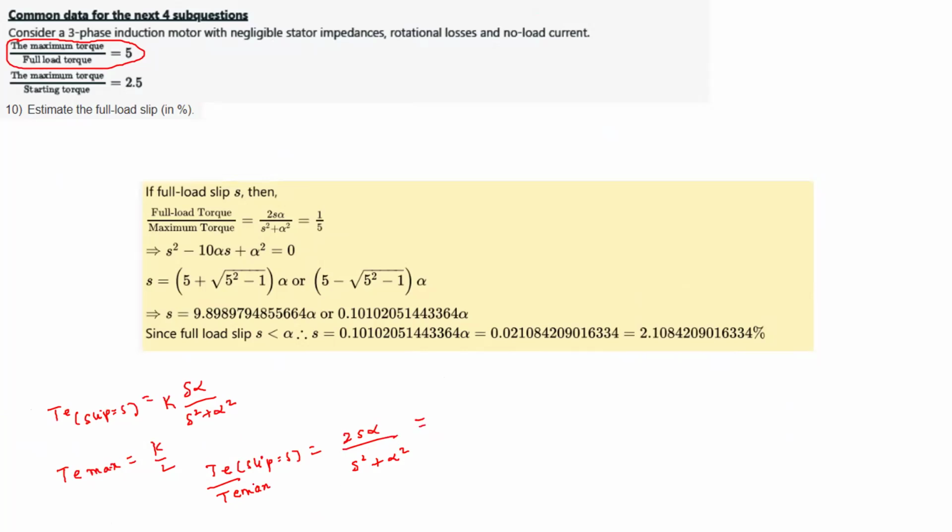This ratio is given to us in a reverse way. They have given maximum torque to full load torque, but we are taking it in reverse, full load by maximum. So this has to be 1 by 5.